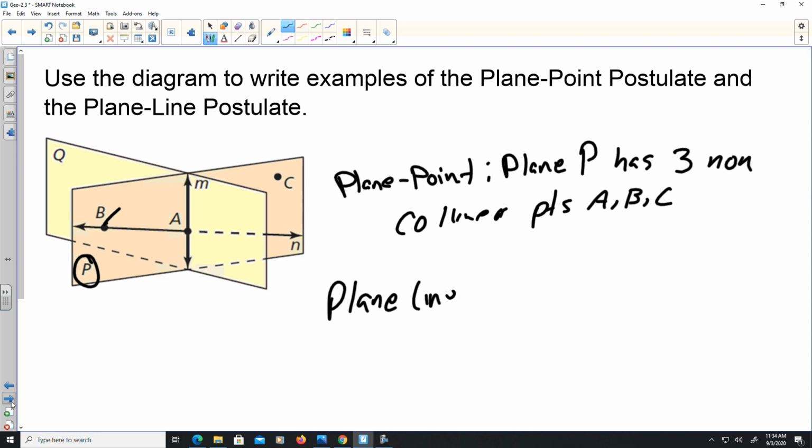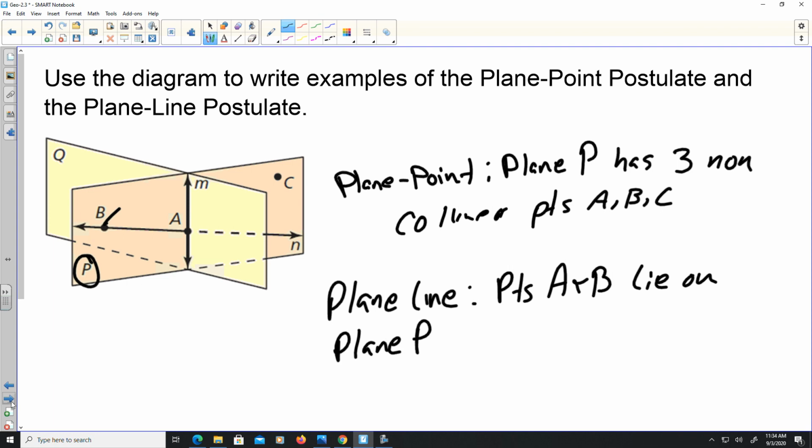And if we looked at the plane-line postulate with respect to that same diagram, I'm just going to choose one, so I could say that points A and B lie on plane P. You can write it either as line AB, or line N, because the N right there represents that whole line.